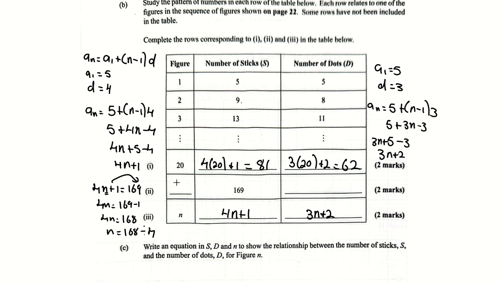So this is your 42nd figure. For your 42nd figure, your number of sticks is 169. And this is going to be easy because it's 3 by your figure number 42 plus 2. So 3 by 42 plus 2 is 128. And that is how you would have done this question here.